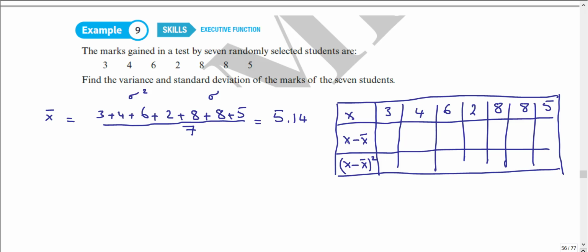Now we will subtract the mean from each data value, x minus x bar.